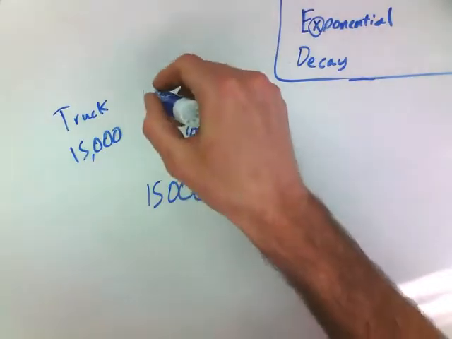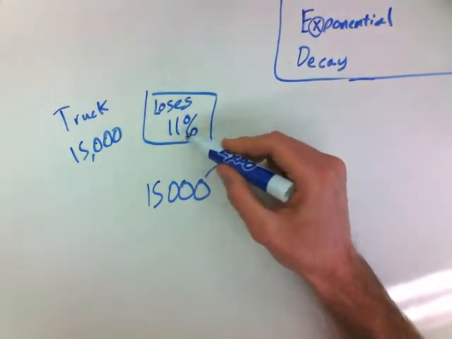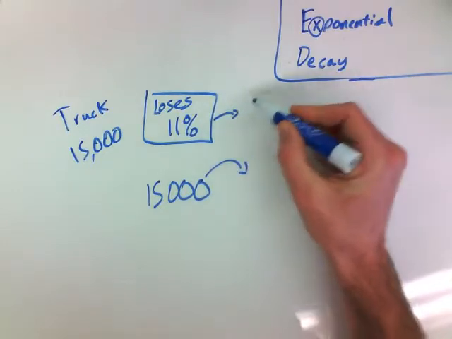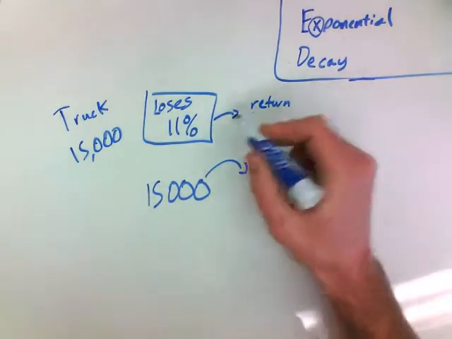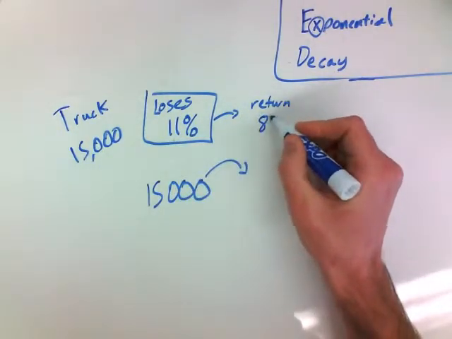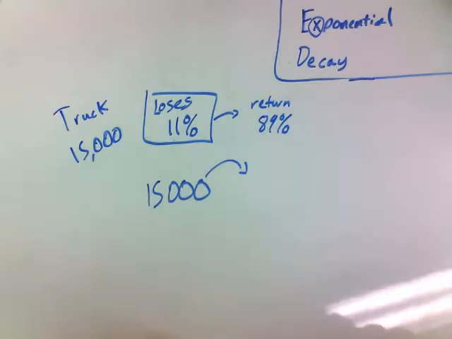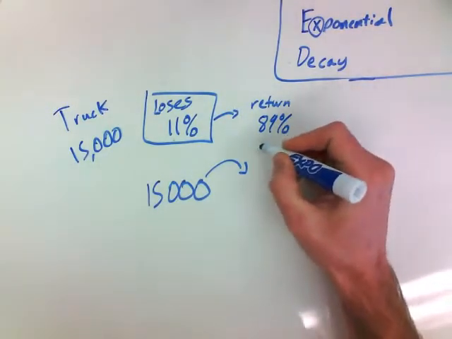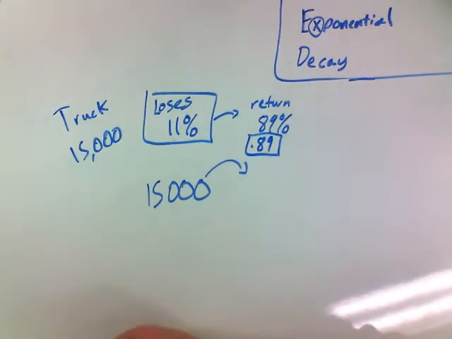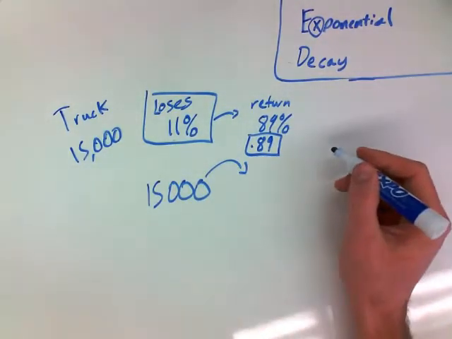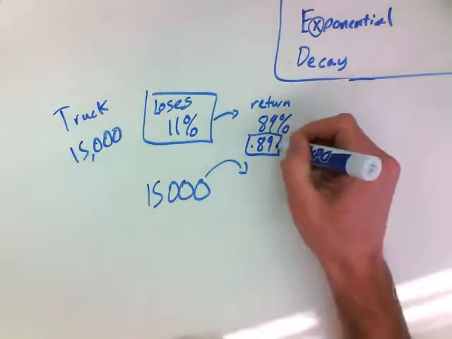So the key to these problems is, sure, it loses 11%, but the real question that I need to figure out is, well, how much does that leave as a return, right? Well, if it loses 11%, that means it is only worth 89% of what it was before. And 89% is 0.89. So what you want to do is figure out how much is left. And so this will be my multiplier.